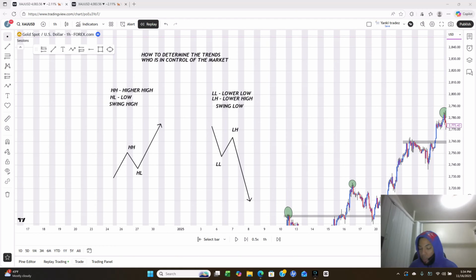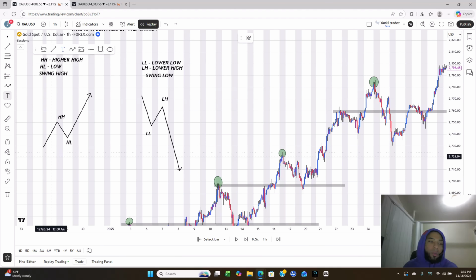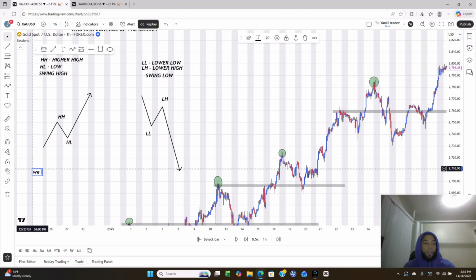All right. So today we're gonna talk about shorts, right? How to determine who's in control of the market and how to determine in what trade we are on. So that means, let me write it down. If we are in an uptrend, which you guys know what an uptrend is, we are looking for buys.